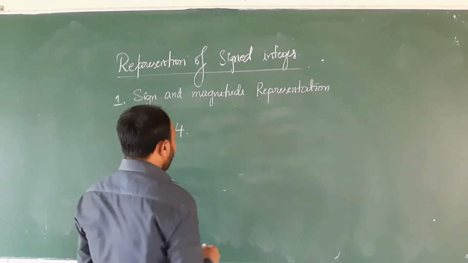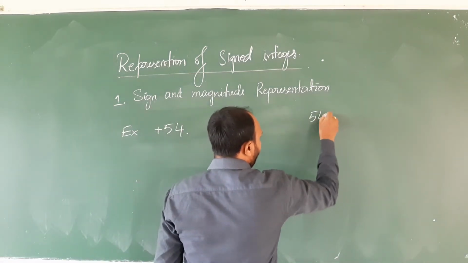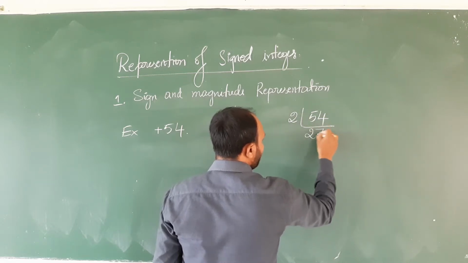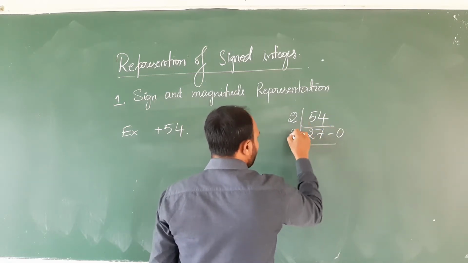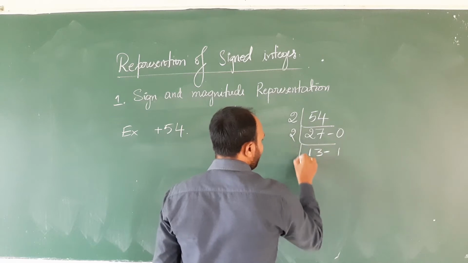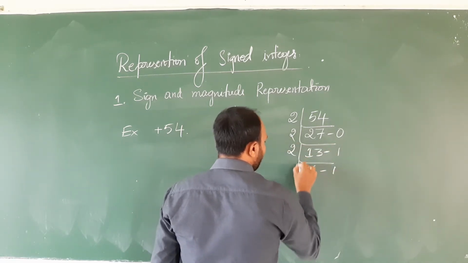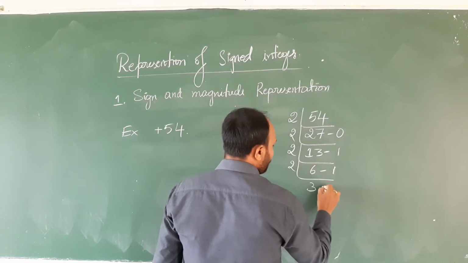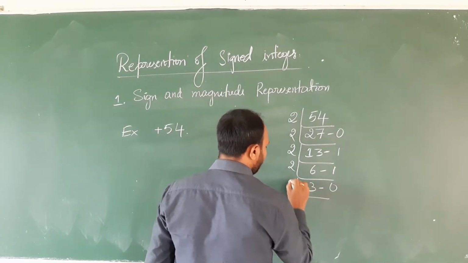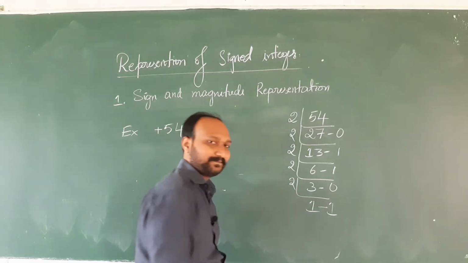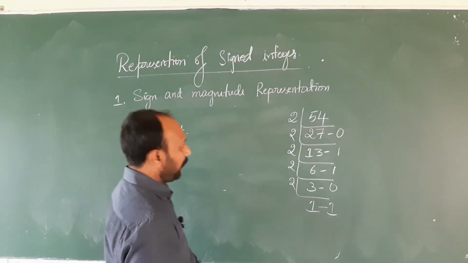Okay, so first of all let us convert 54 to its binary value. So 2 27s are 54, 0 is a remainder, 2 13s are 26, 1 is a remainder, 2 6s are 12, 1 is a remainder, 2 3s are 6, 0 is a remainder, 2 1s are 2, 1 is a remainder. Okay, so now we got the magnitude.